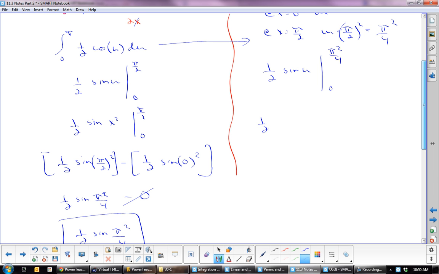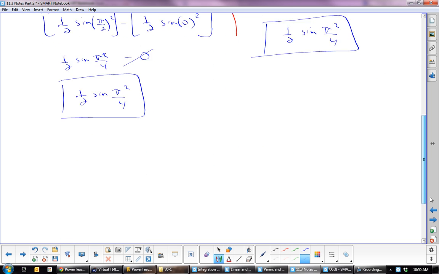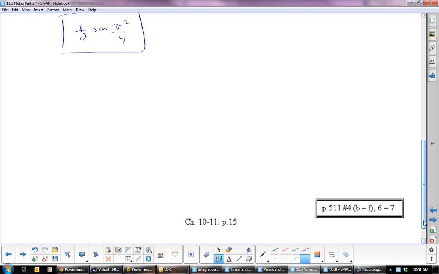So it'd be 1/2 sine pi squared over 4 minus 1/2 sine 0, which would give you 1/2 sine pi squared over 4, because that cancels. Okay, so again, just to get you familiar with seeing it, so next year it becomes something that you can remember seeing.